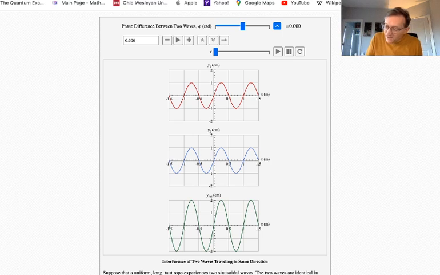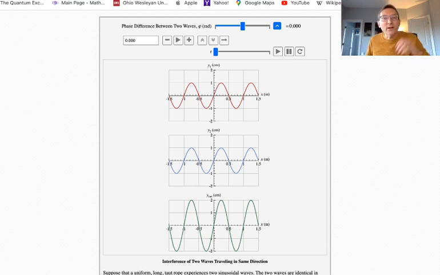And we call that situation, when we get the absolute biggest amplitude of the net wave, fully constructive interference. Fully constructive interference is when you get the biggest possible amplitude in the net wave.